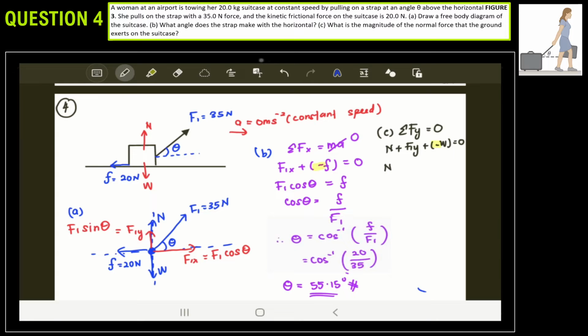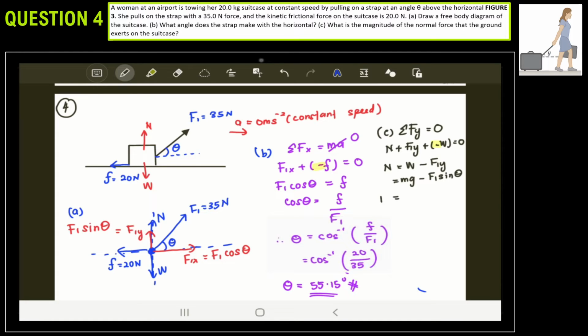So N is equal to W minus F1y, where W is equal to mg and F1y is F1 sin theta. We can use theta from the previous part.